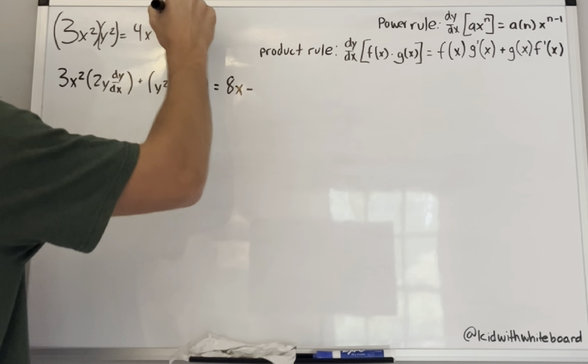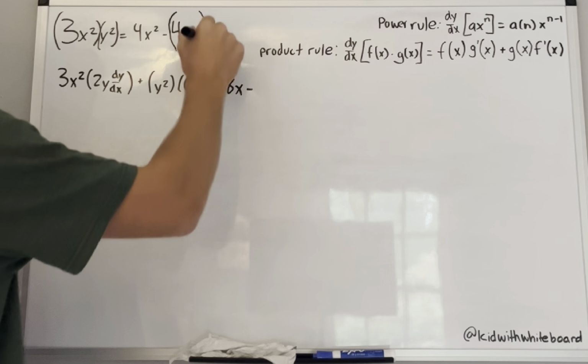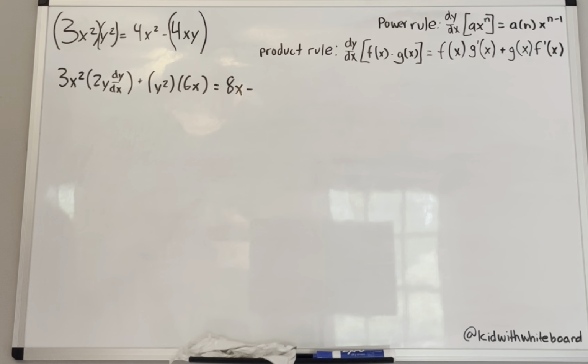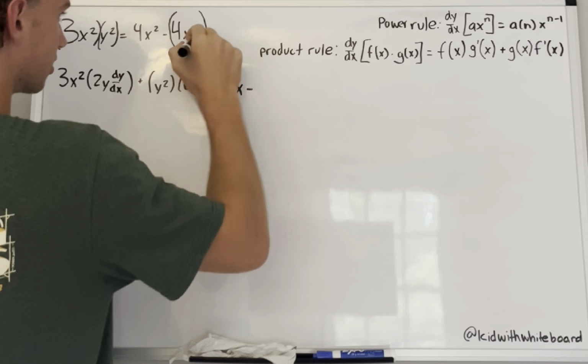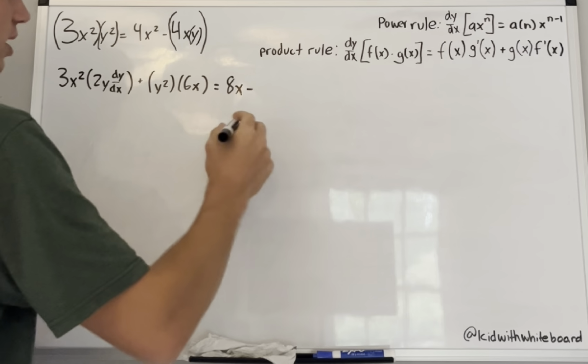So I'm choosing to keep the subtraction sign outside of the parentheses, and I'll distribute that later. So the first step will be finding, again, products are 4x and y.